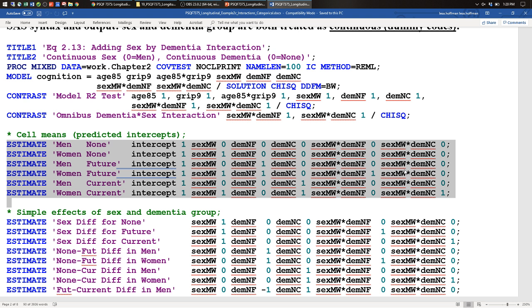Down here, though, they are being held at their 85 and 9 reference values, but it doesn't matter because the model doesn't say that these differences depend on age or grip. So if you look at the means on the y-axis, they slide up or down as a function of age or grip, but the relative differences stay the same because they don't interact with age or grip. Good question.